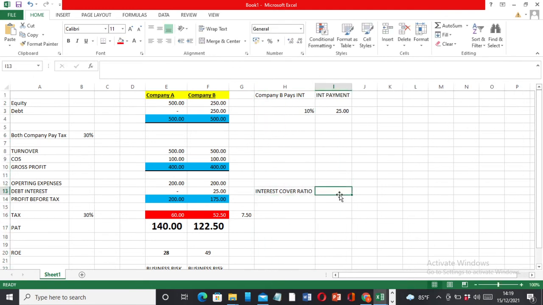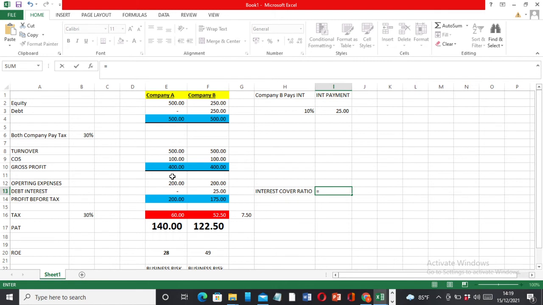So the formula is profit before interest and tax, right? Profit before interest and tax divided by interest. So we are going to take profit before interest and tax, 200 million, right? Where is that?